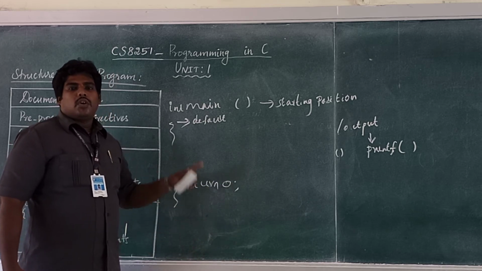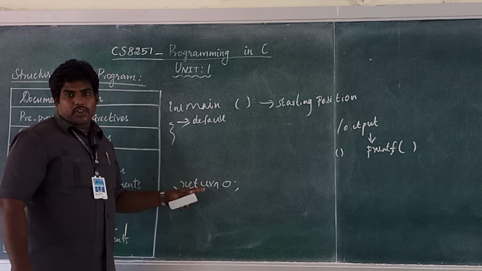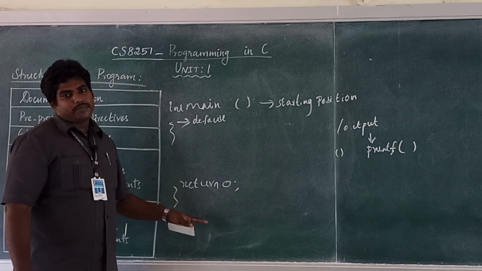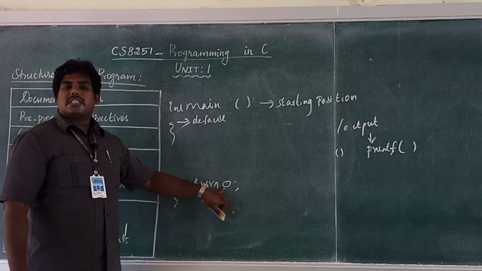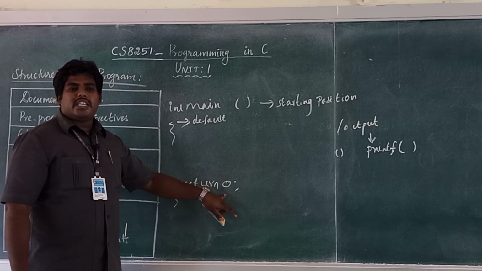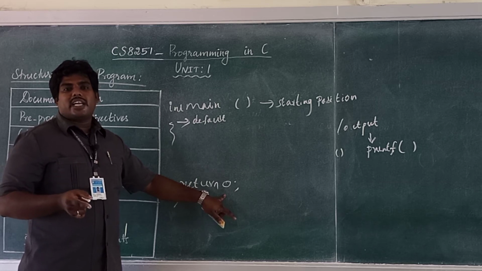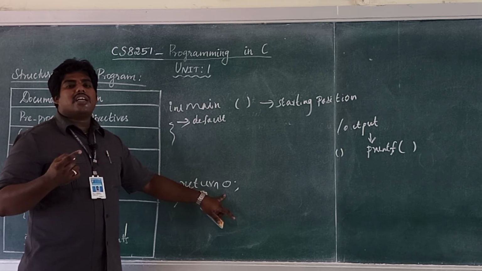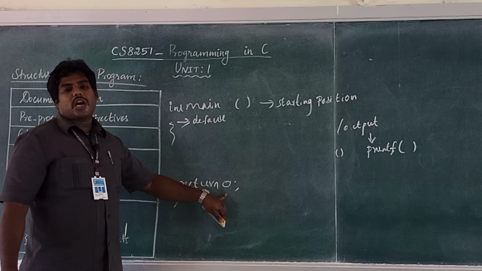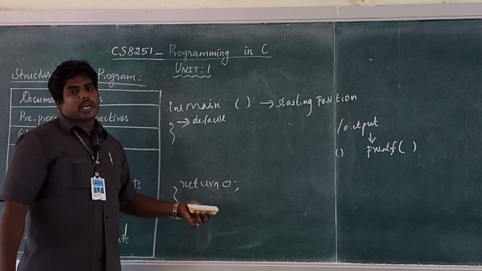The reason is, once the program is executed successfully, it will return one value to the operating system. The default value is 0. If the return value is 0, then the operating system considers the particular program to have been executed successfully. That's the reason we are putting 0. You can put any number, return 1, 2, anything.